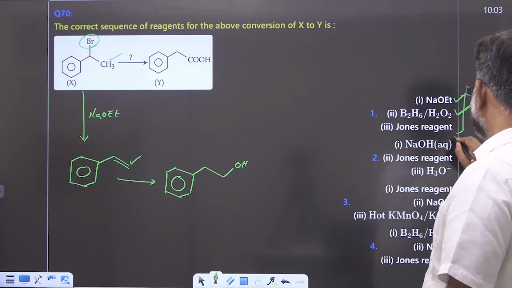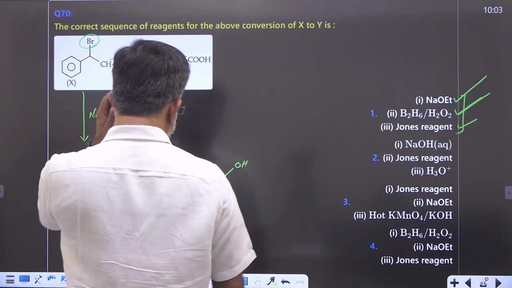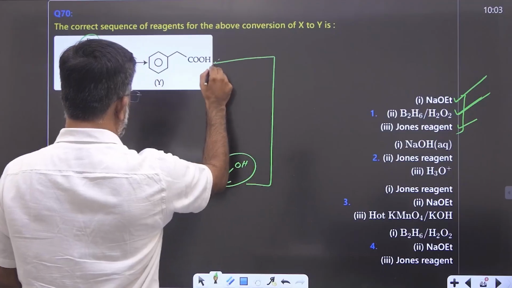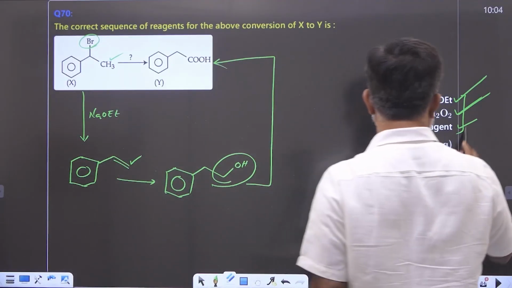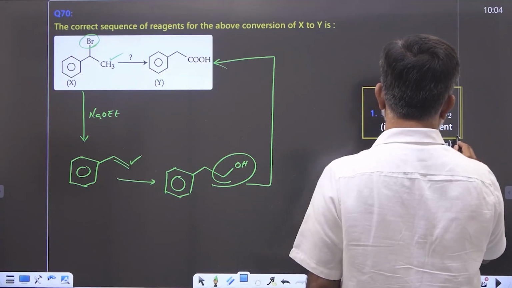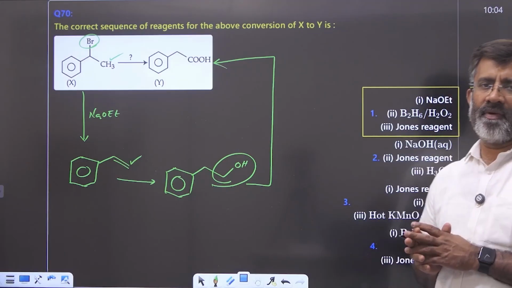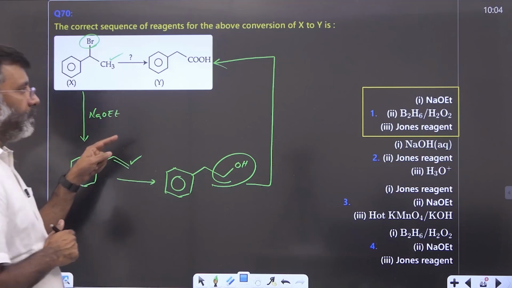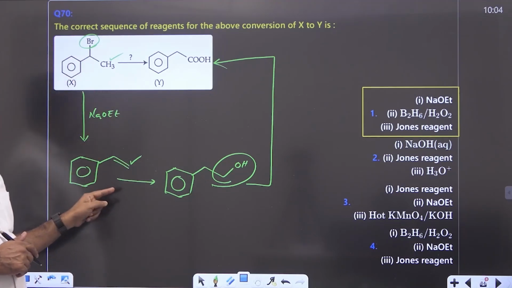Now third one, Jones reagent. Jones reagent will give you oxidation. This will be converted to COOH and you get the product. And in fact, first choice itself is the correct answer, and that gives you the correct combination to get the requisite product, X converted to Y. I repeat, using NaOEt, you get elimination reaction happening, and here you get a double bond.